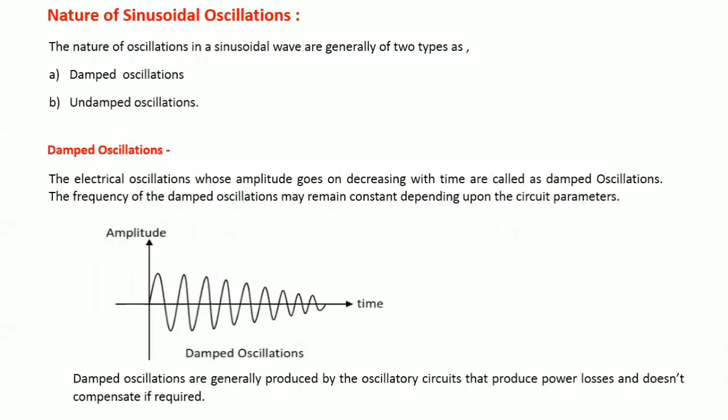Now here we'll see the nature of sinusoidal oscillations. Basically, there are two types: damped oscillations and undamped oscillations. What are damped oscillations? In these, the frequency or the amplitude of the oscillation goes on decreasing. The damped oscillations are generally produced by an oscillator circuit that has power losses and doesn't compensate for them.